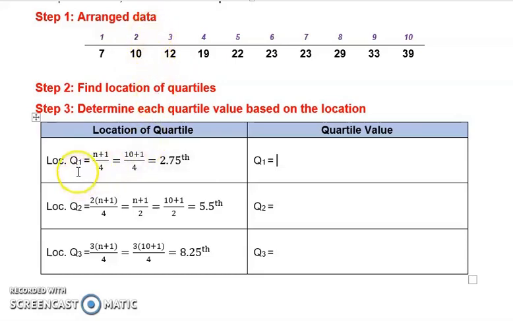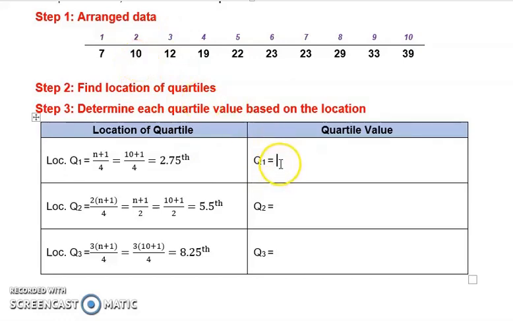Our location of Q1 is 2.75, with 0.75 exceeding 0.5 or 50%. So we can say the value of Q1 is closer to the third location, not to the second location.